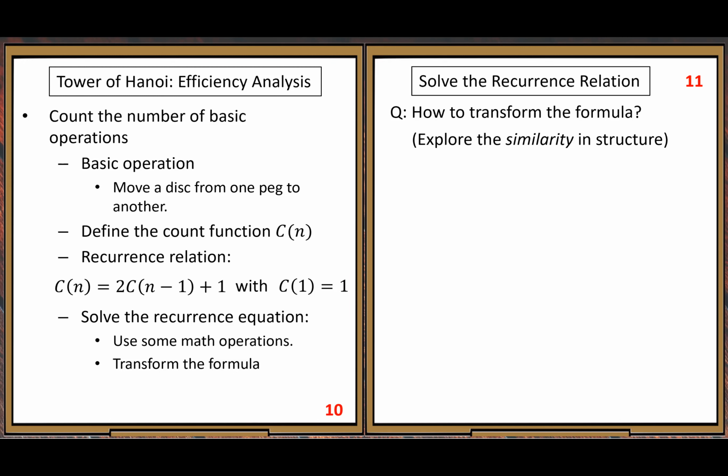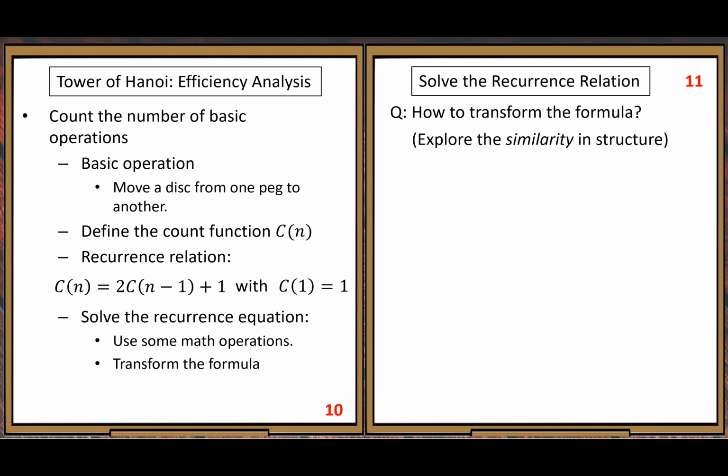The question: can we explore similarity? We want to change the form such that both sides have a similar structure. That's the tricky part, and it's usually not easy for people to get.